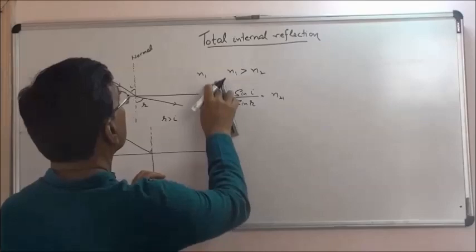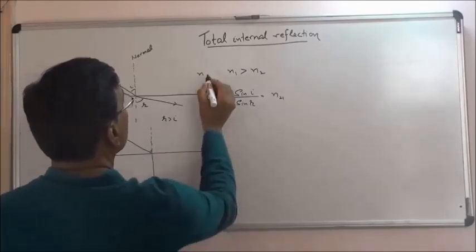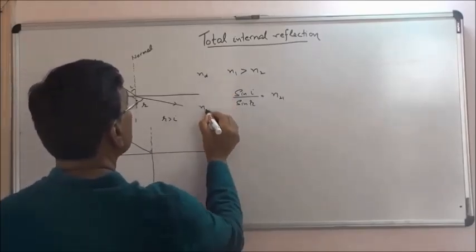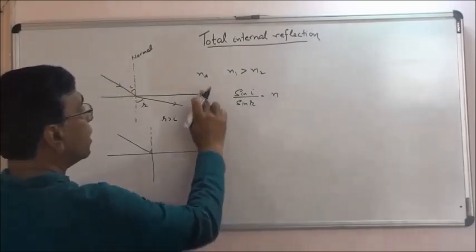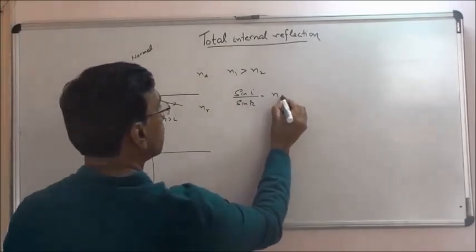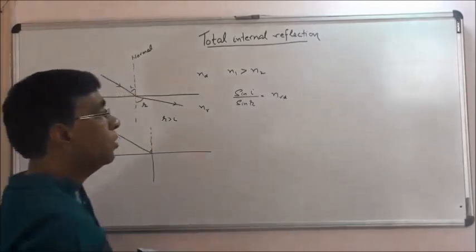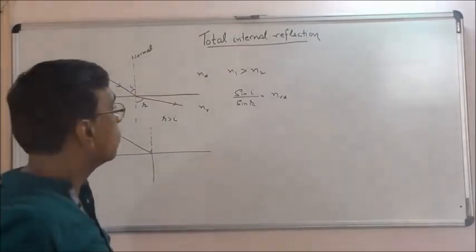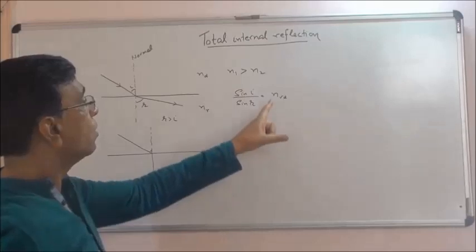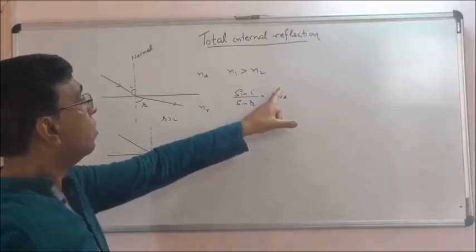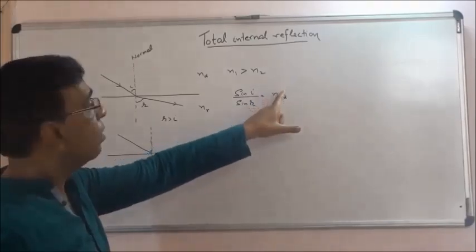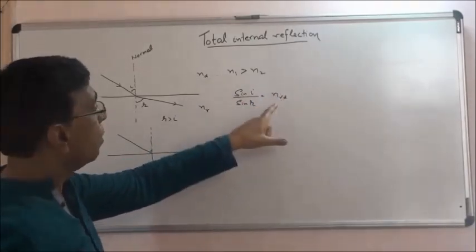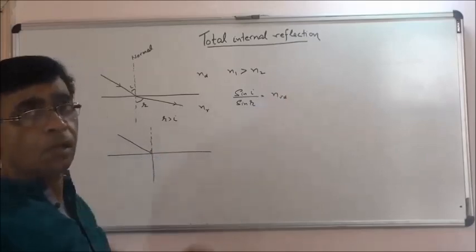That will be better. This is denser and this is rarer. So the refractive index of the second medium with respect to the first, rare with respect to dense. Sin I upon sin R is equal to N2 by N1. So here it will be NR upon ND. So NRD.